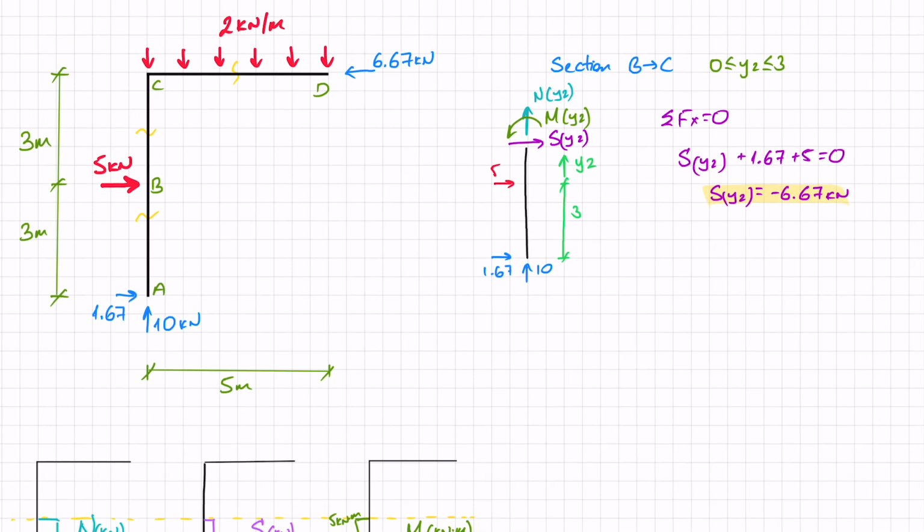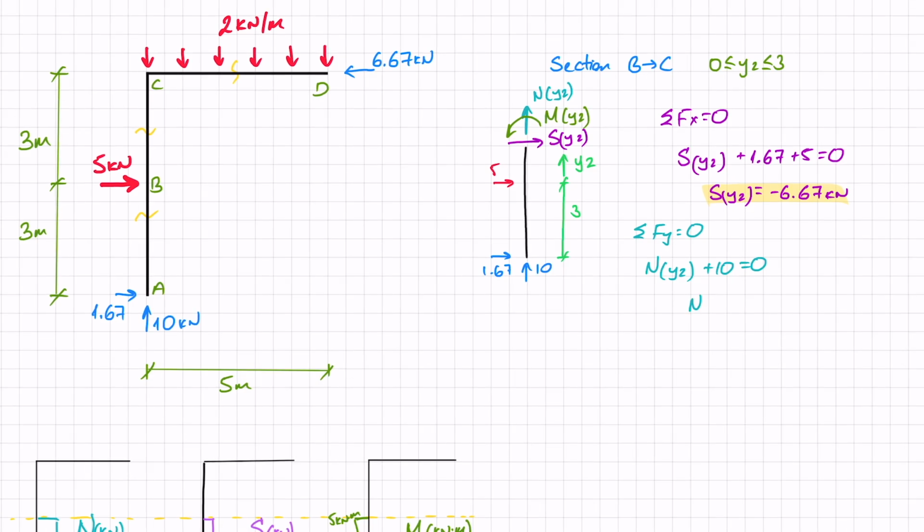Let's now look at the sum of forces in the y direction. Here I've got the axial force, N, perhaps a function of y2, plus 10, and that's it, equals 0. So I find here that N actually is a constant of minus 10, which is exactly the same as I had before, so not a change in the axial force.